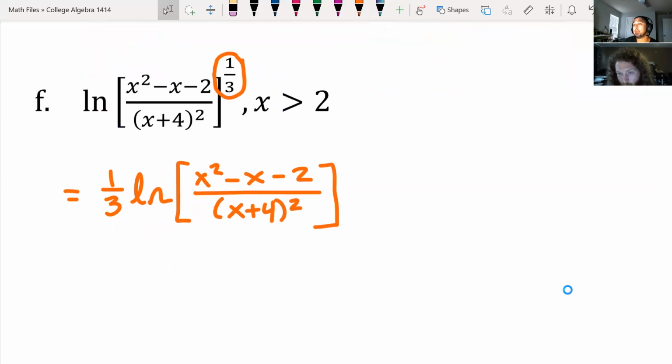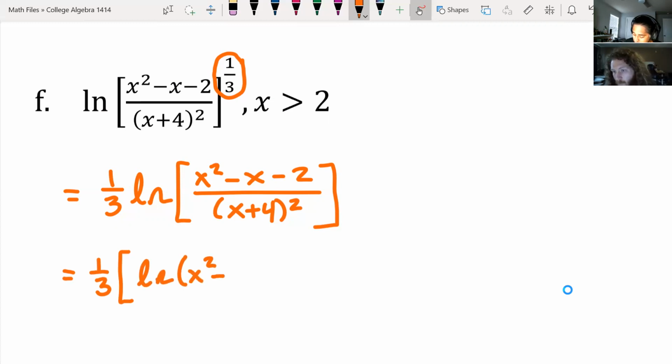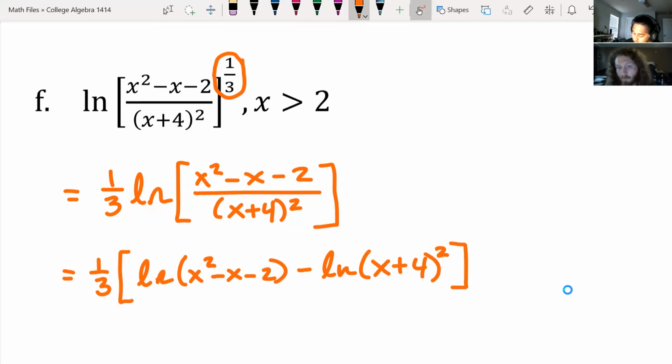Okay. And now, since we brought that power down, we can now expand the inside. The inside is a quotient, and we'll write it as a difference. So you will get 1/3 times, I'm going to put a bracket here to be neat, the natural log of x squared minus x minus 2 minus the natural log of x plus 4 squared.